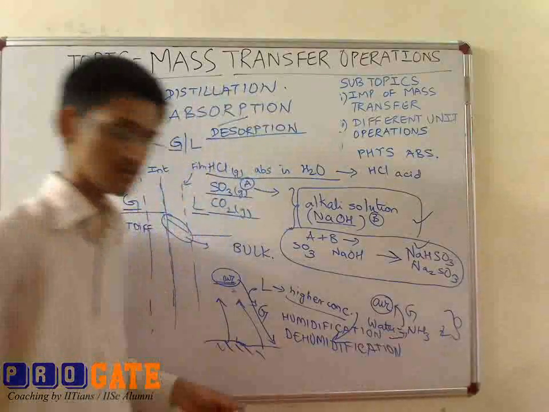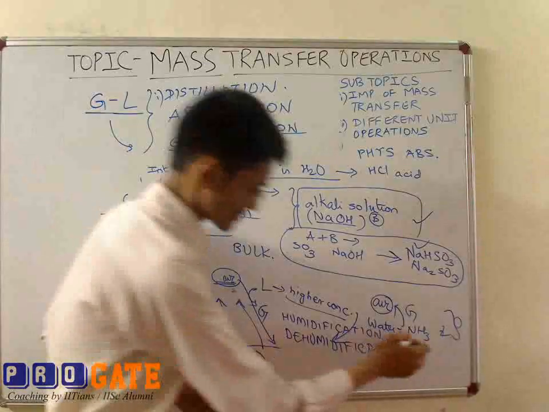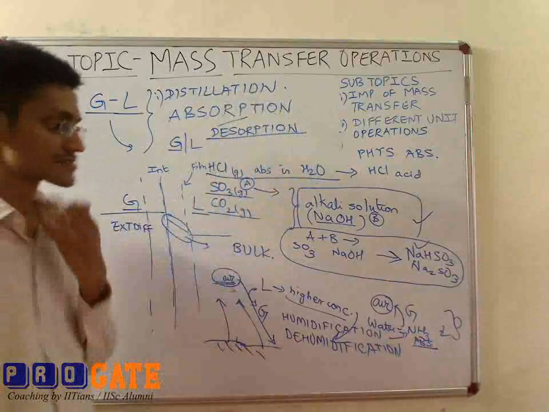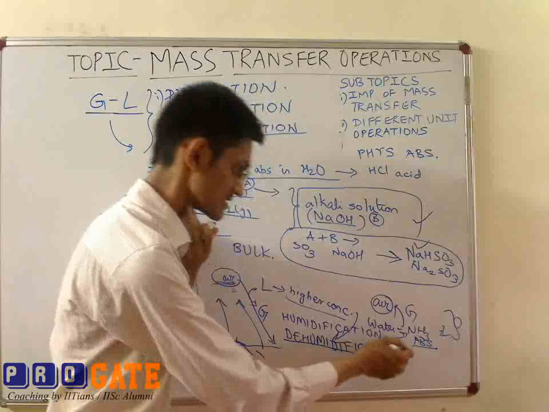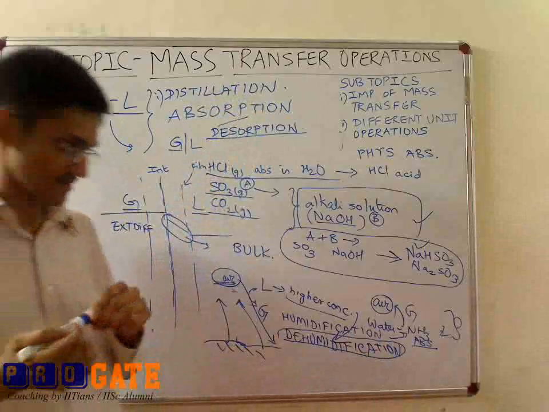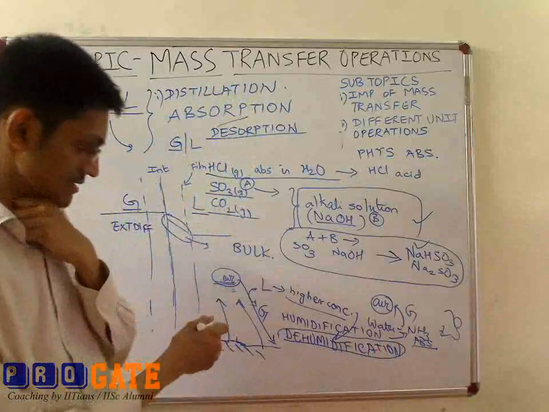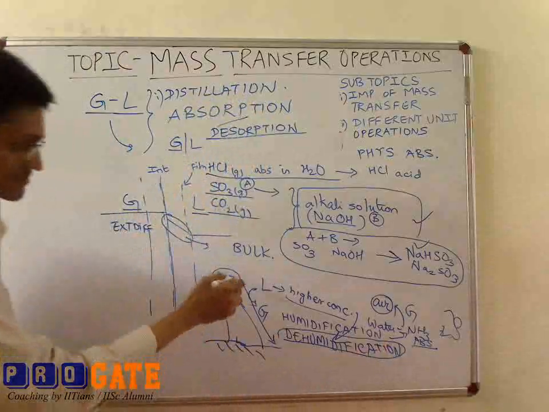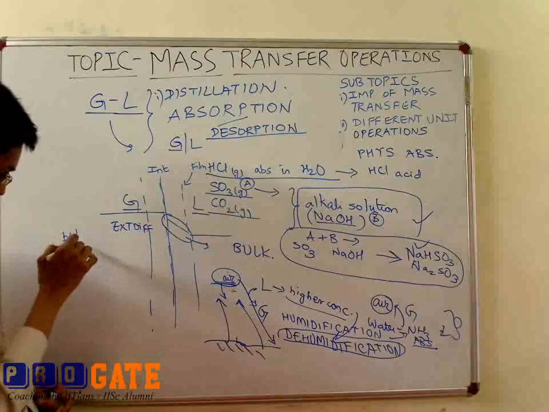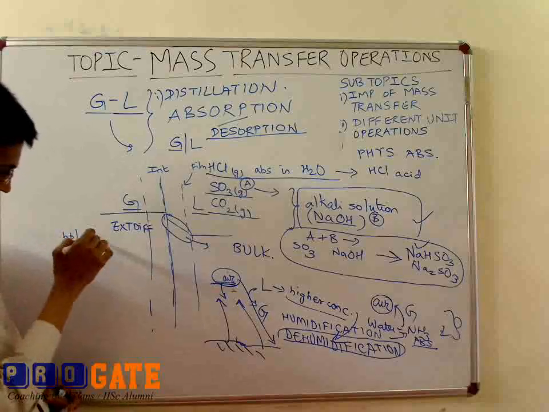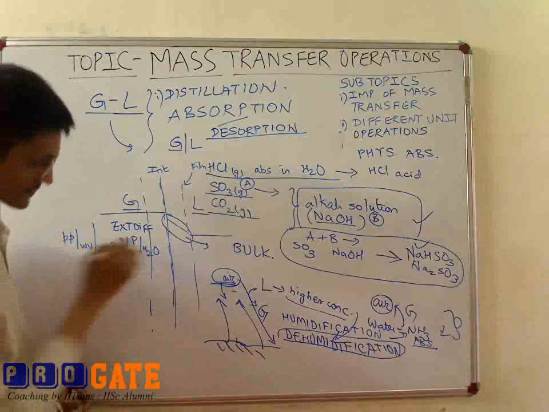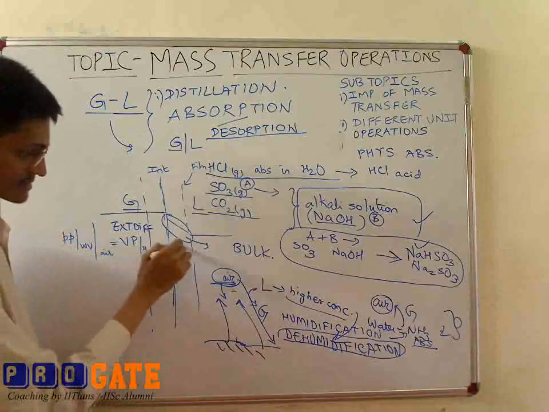Humidification is like absorption of water from the liquid phase to the gaseous phase, so it's like desorption, and dehumidification is like absorption. It's the reverse in this case. So in dehumidification, the moisture from the air would condense till the partial pressure of water vapor in air is equal to the vapor pressure of water at that temperature.